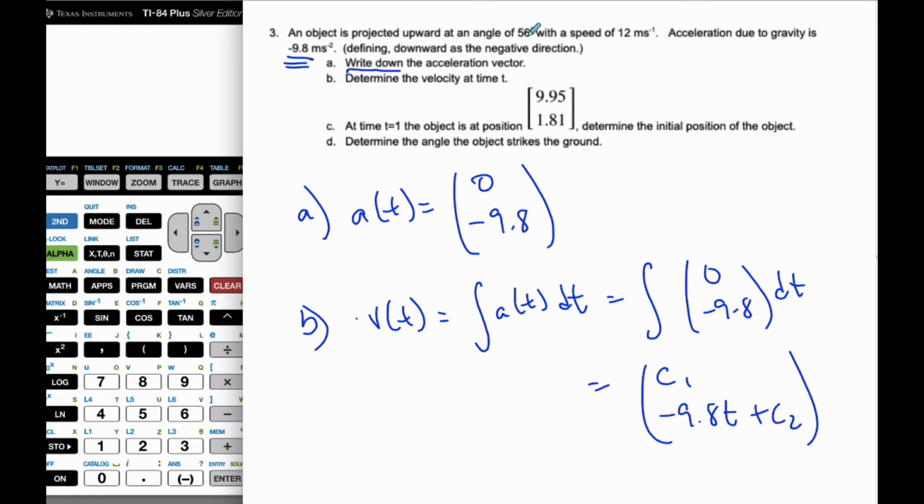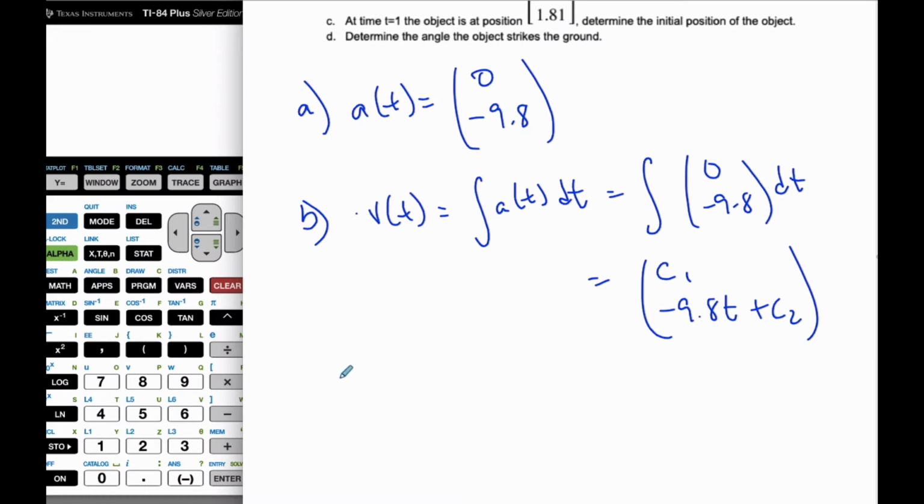We know that initially it's launched upward at an angle of 56 with a speed of 12. So if I think about my object thrown up at 56 degrees, here's the ground, here's 56, and this speed is 12. If I make my components, this distance here is adjacent, so cosine, so this is going to be 12 cosine 56.